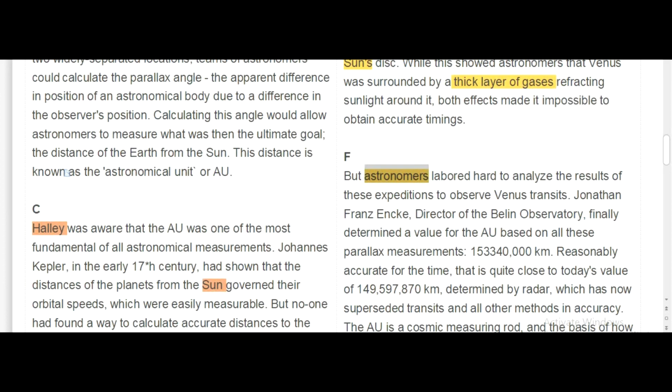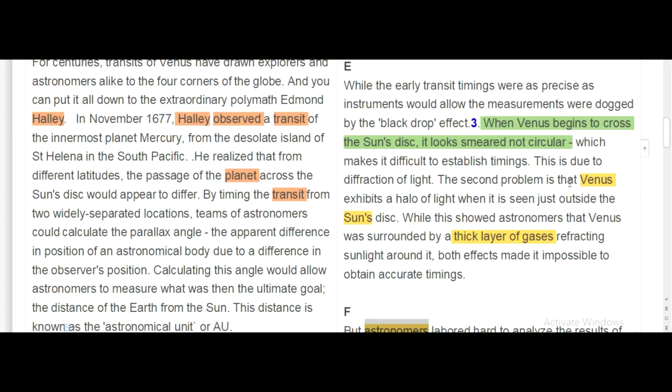Okay, now I'm going to read this sentence. The second problem is that Venus exhibits a halo of light when it is seen just outside the sun's disk. While this showed astronomers that Venus was surrounded by a thick layer of gases refracting sunlight around it, but effects made it impossible to obtain accurate timing. It says nothing about toxic here.